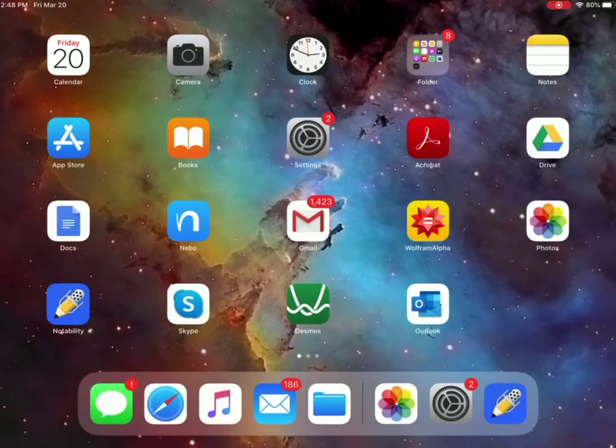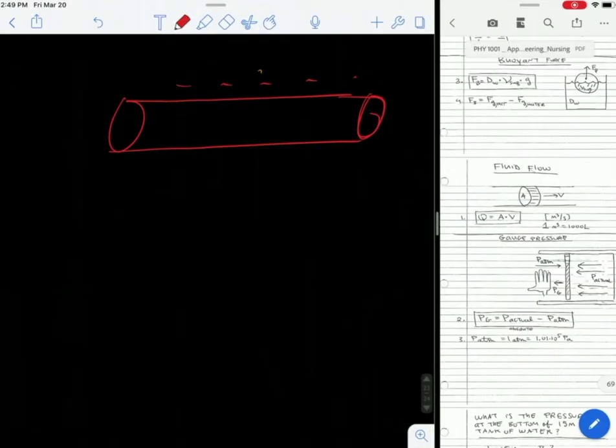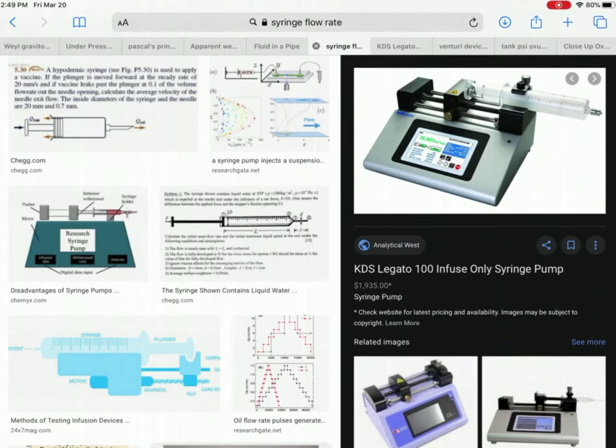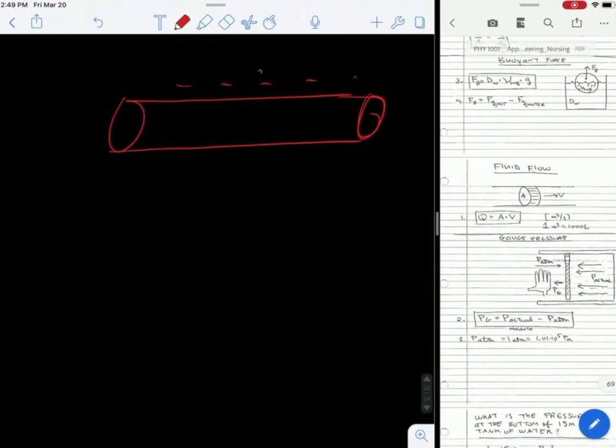So let's see an instrument that would use something like that. It would be something like this, an automatic syringe where you can adjust the settings and push a certain amount of fluid and control how much medicine is given to a patient.